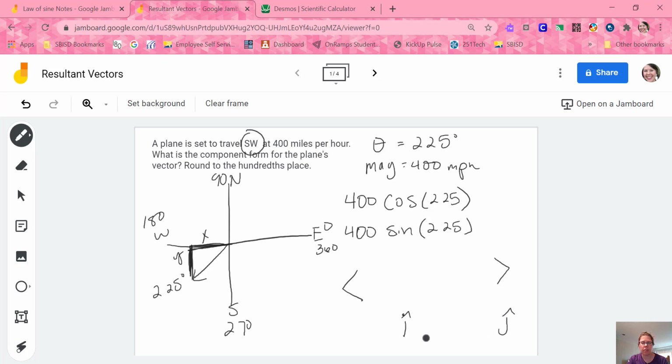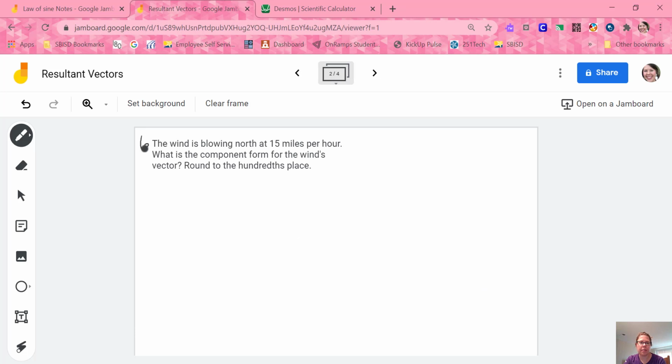I want you to solve for those two values and input those. I believe this is number 5. Put those answers into your Go Formative to check that you did those right, and then come back.